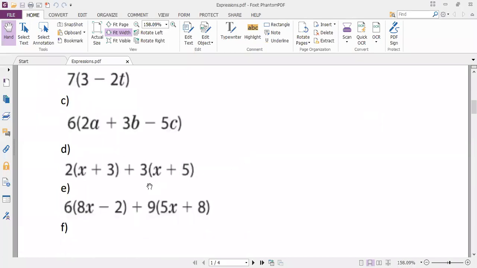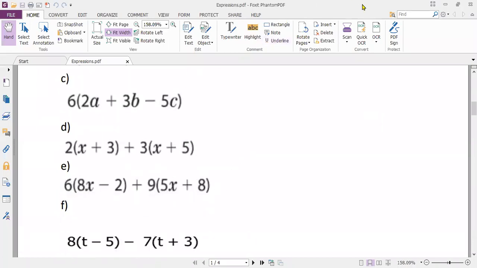The next one. I have 6 multiplied by 8x. It's 48x. And 6 multiplied by negative 2 is negative 12. After that, 9 multiplied by 5x is 45x. And 9 times 8 equals 72.